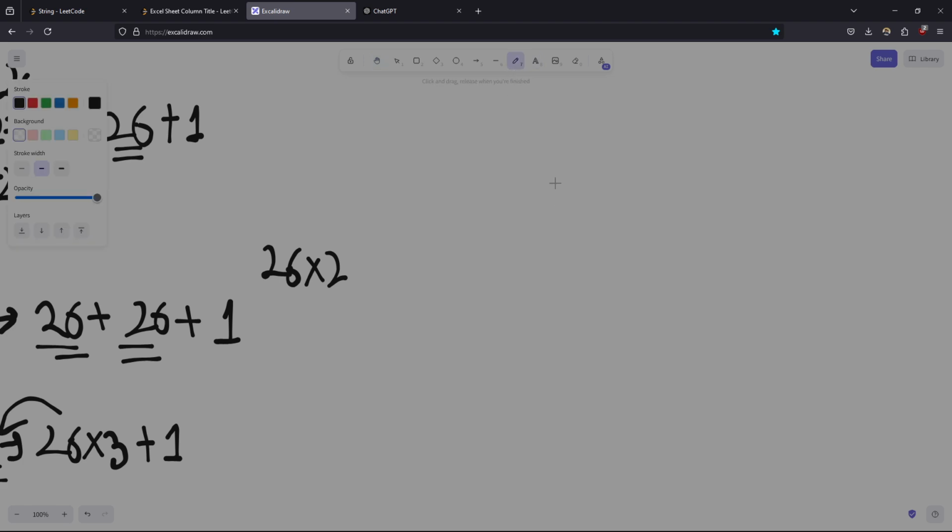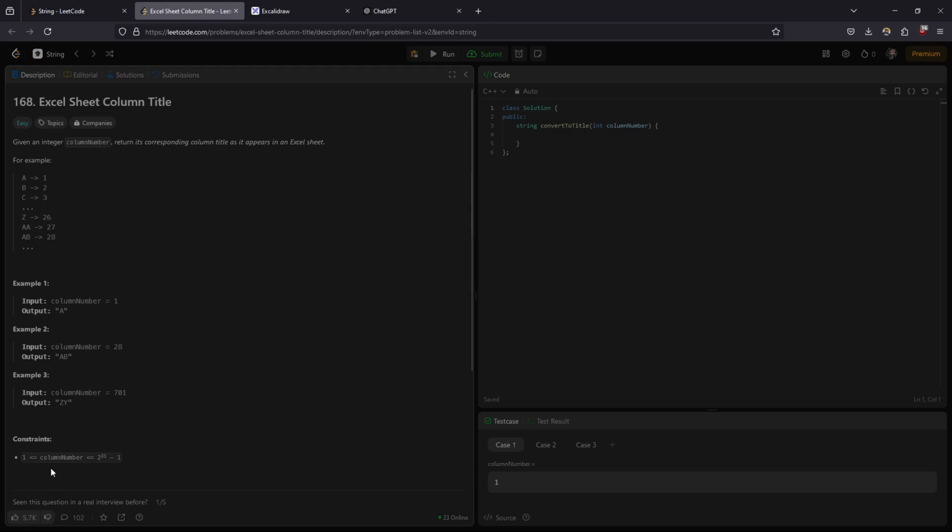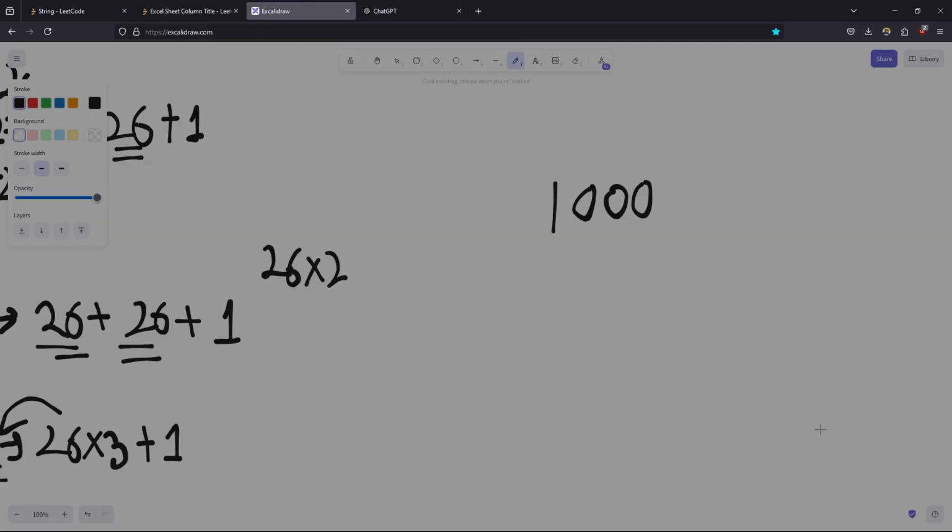For example, the given number is 1000. What will be the desired answer here? As we can see, A in third place will take 26 times, no, it won't take 26 times 3. What will it take?